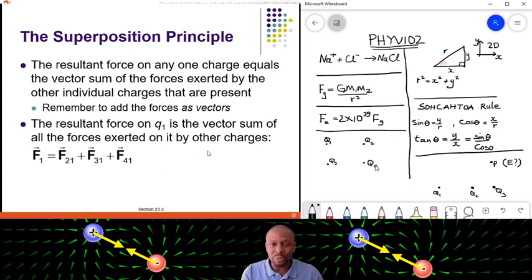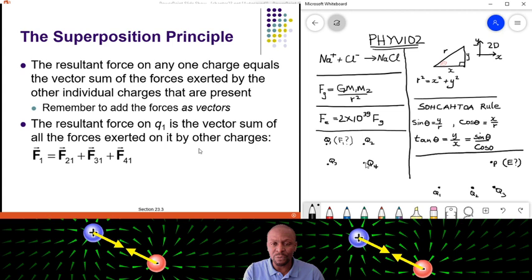Q1, Q2, Q3, Q4. The question might be asked: what is the resultant force here? What is the resultant force on this particle, F1? The resultant force on Q1 will be the vector sum from this, added to that, and then there will also be a force between Q1 and Q4.